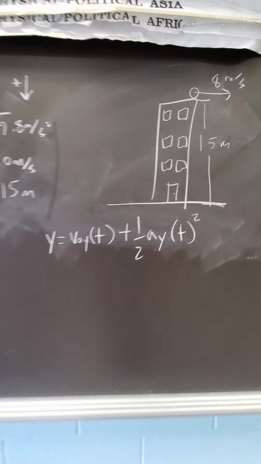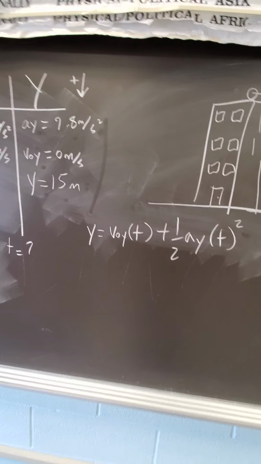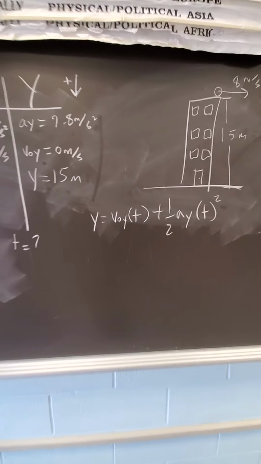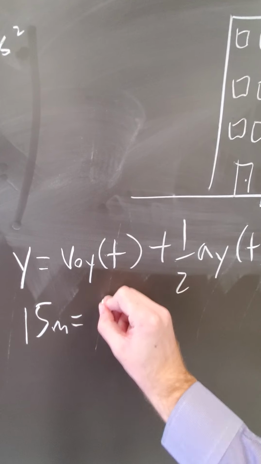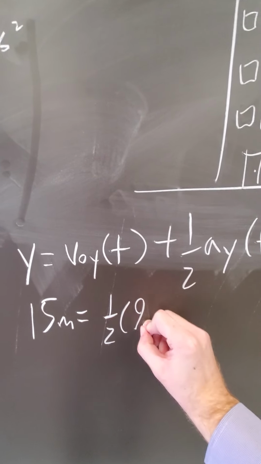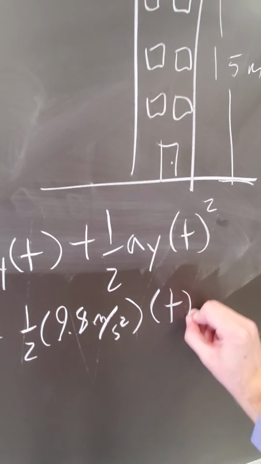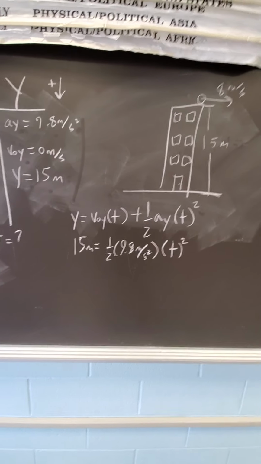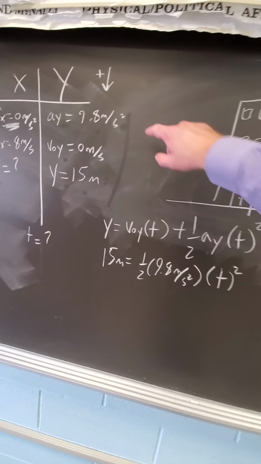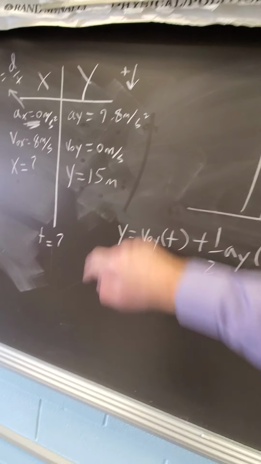Make sure when you write out this formula, you don't forget the squared at the end. That's one of the most common mistakes I see. Plug it in, plug it in. Okay? Notice for a second that if I said that down was negative, it's important that you don't just make the 9.8 meters per second squared negative, you also make the distance negative.